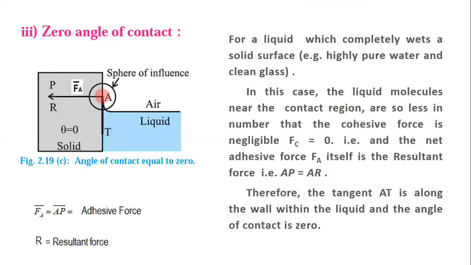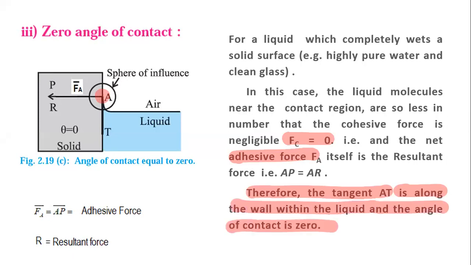If no other liquid molecule, the cohesive force is zero. So the resultant force acting on A is only the adhesive force, which is very large. Therefore, the tangent is along the wall of the liquid and the angle of contact is zero. So this is the explanation for zero angle of contact.